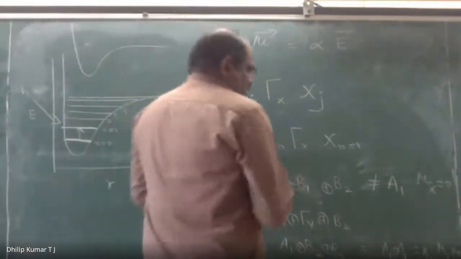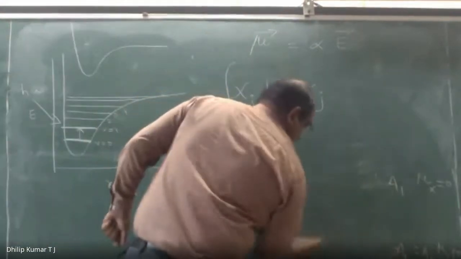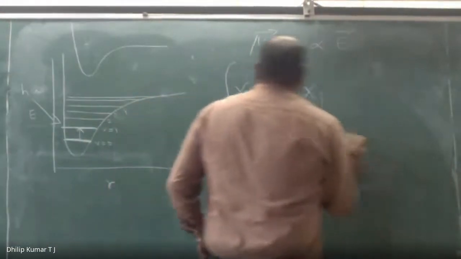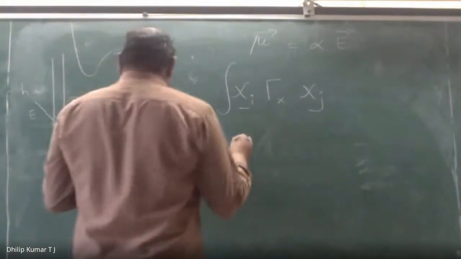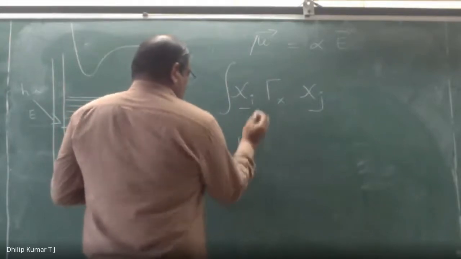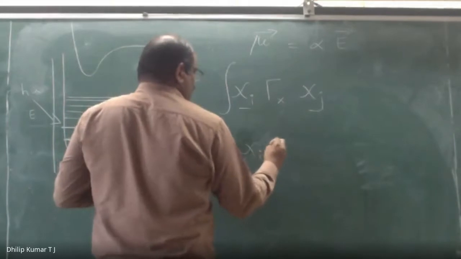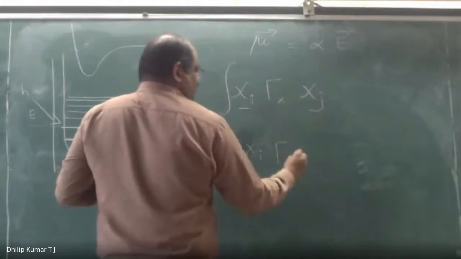Like in IR spectrum, in Raman also you have to consider that it has to result in a totally symmetric representation. So here again you can write the change in dipole or polarizability: gamma of x for IR, and this is x squared for Raman.